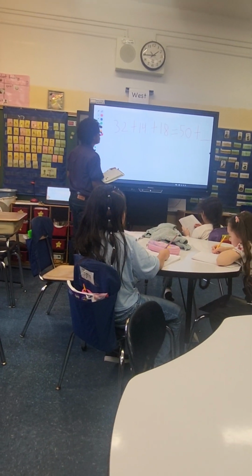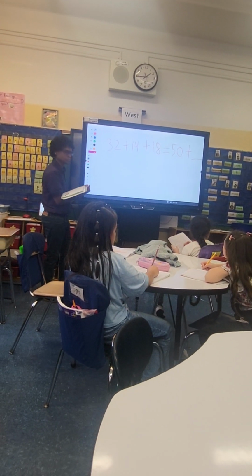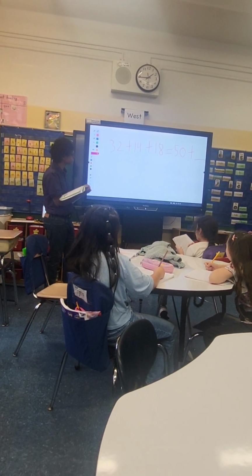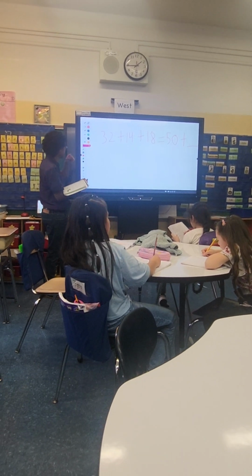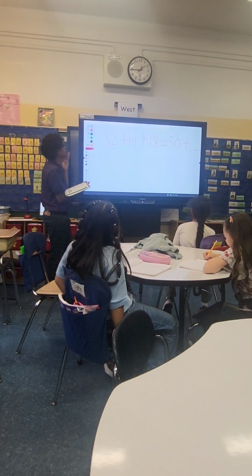So are we starting with 32 plus 14 plus 18 or 50 plus blank? 32 plus 14 plus 18. Very good. Add your 3 add-ins. So we have our 3 add-ins, let's add them up.